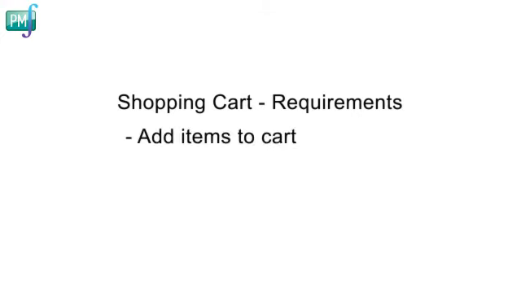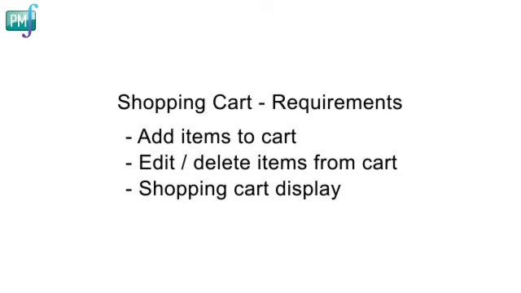Let's take, for example, the shopping cart feature. This is a large part of functionality that should be divided into smaller requirements. For instance, the option to add items to the shopping cart is one requirement. The option to edit or delete items from the shopping cart is another feature. How the shopping cart should be displayed on the screen with page layouts, buttons, and fields is a separate requirement.